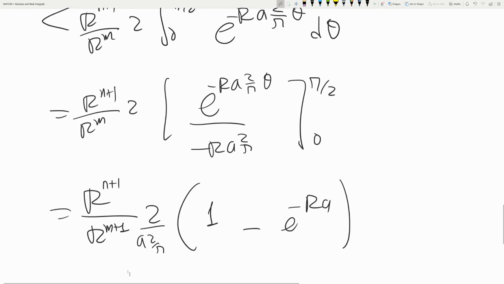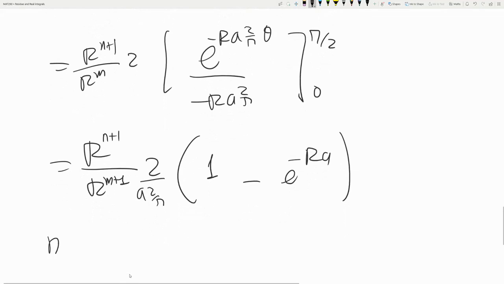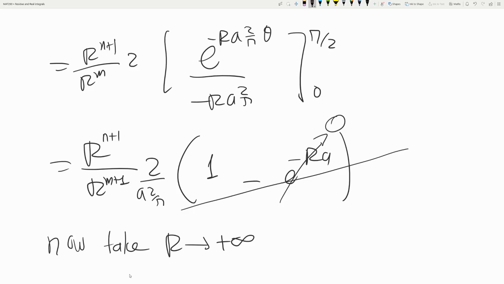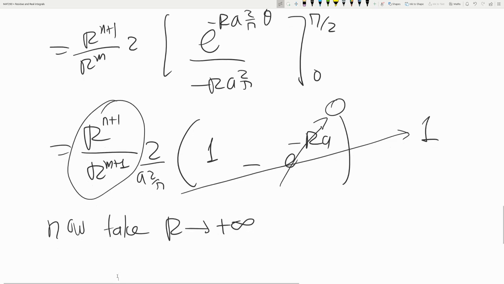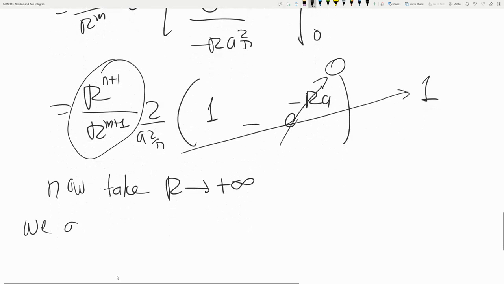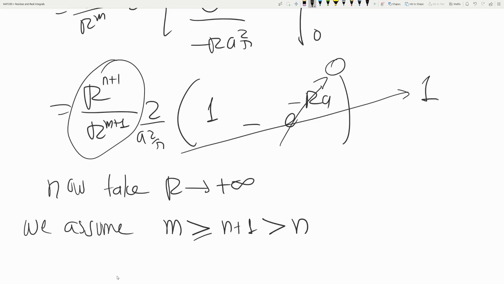Now take the limit as R goes to infinity. What happens? The term inside goes to 0, so this factor goes to 1. But what about the other one? We assumed that m is strictly bigger than n, as we said this is bigger than n plus 1, so it's strictly bigger than n.